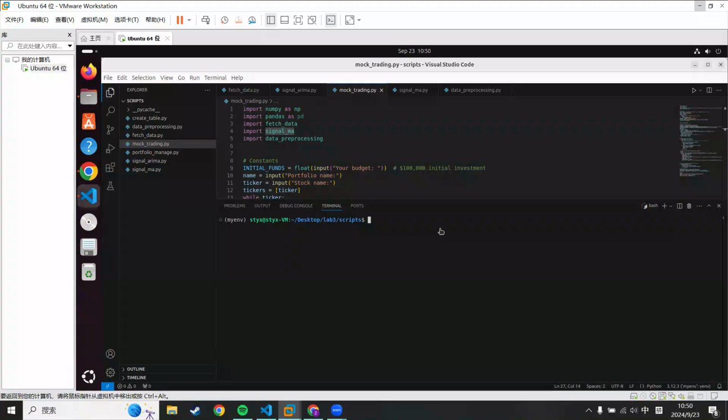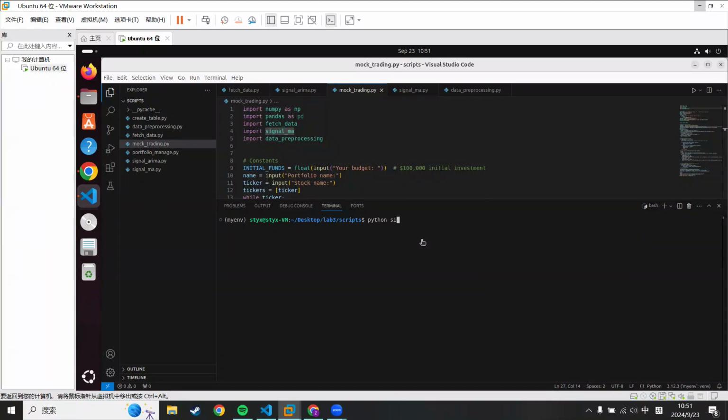Okay, for this lab, we tried two algorithms, moving average and ARIMA, and developed a mock trading environment to mock the trade. First, we want to talk about the moving average algorithm.